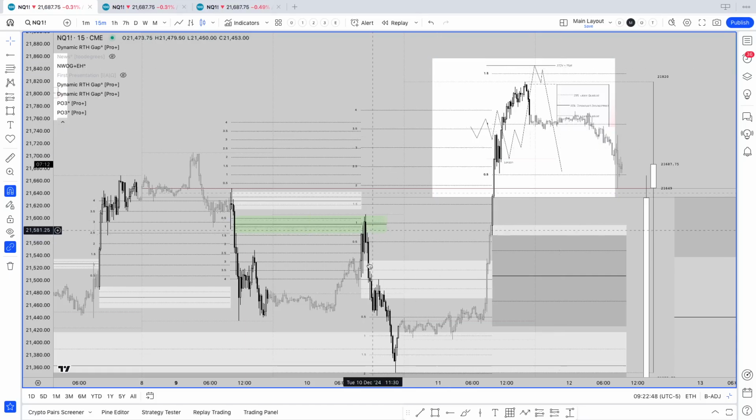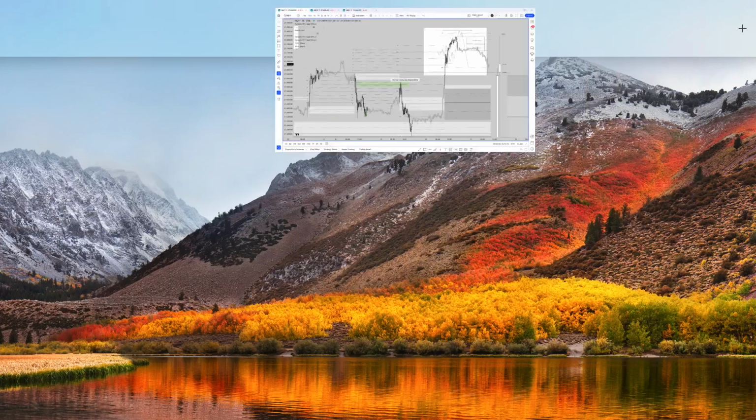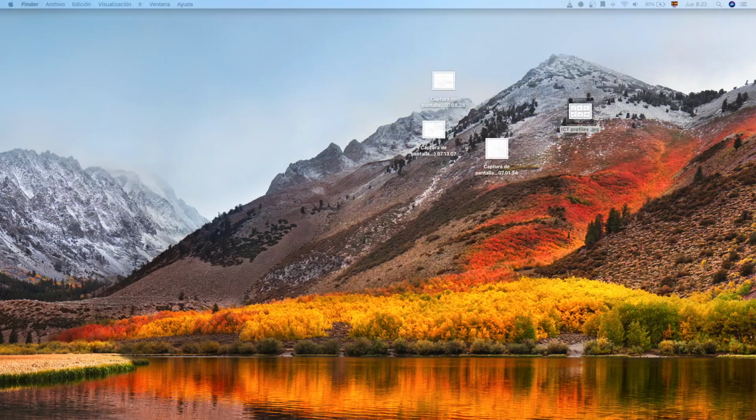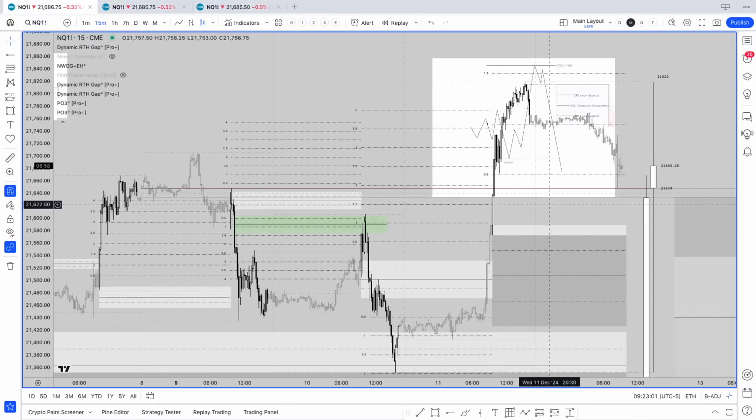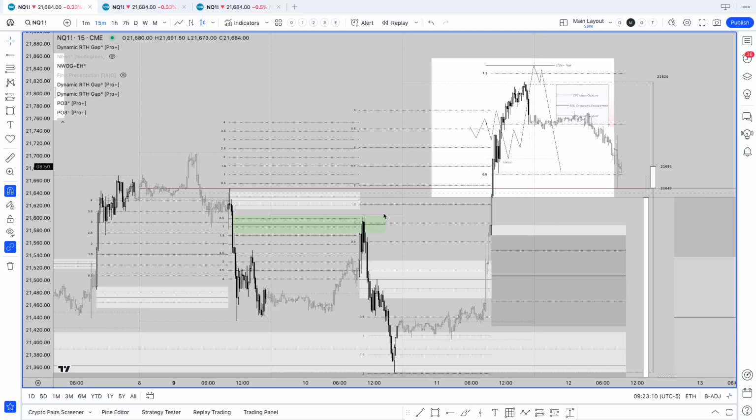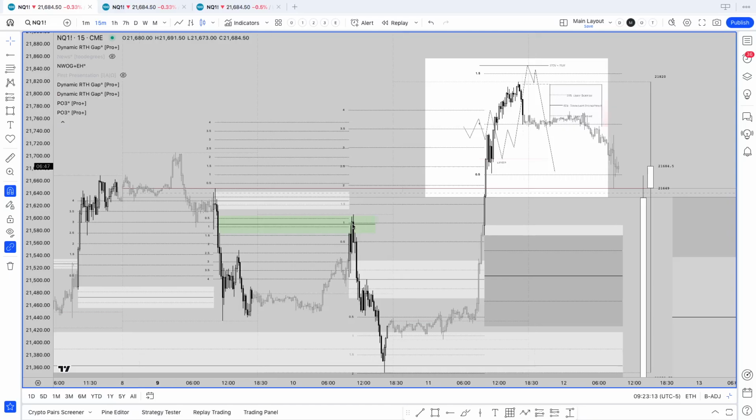The standard deviations are not the same rules that Dexter has for his models, because it depends a lot on the size of the gap of the current day. Okay, so in this specific case, we see that we are reaching the one projection.